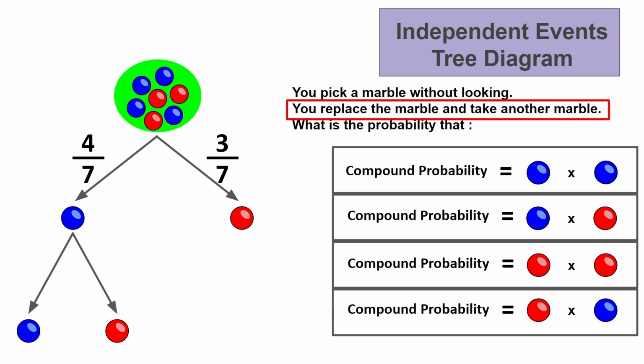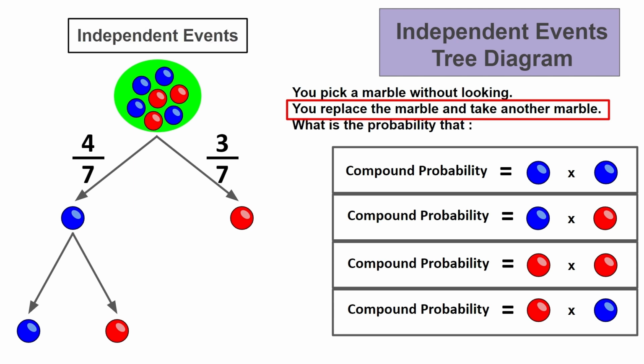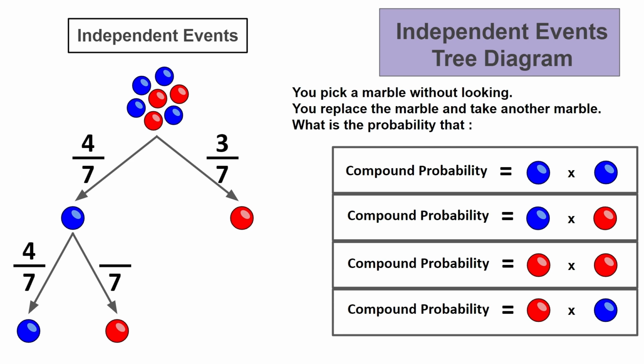This means if you picked the blue marble in the first event and replaced it, the total number of possible outcomes remains the same in the second event. This means that these events are independent, which means what happens in the second event is not affected by what happened in the first event. So, since nothing changed, there are still 7 marbles in the bag, 4 blue and 3 red.